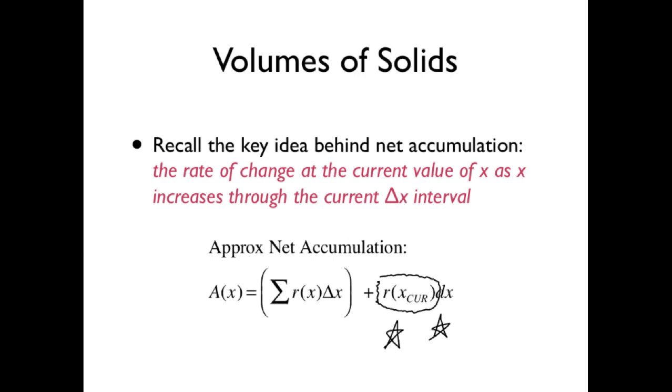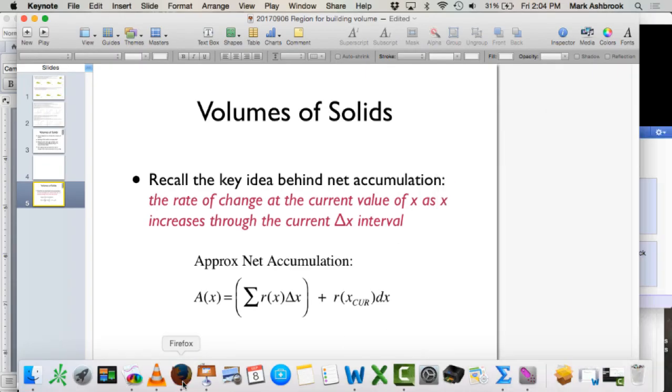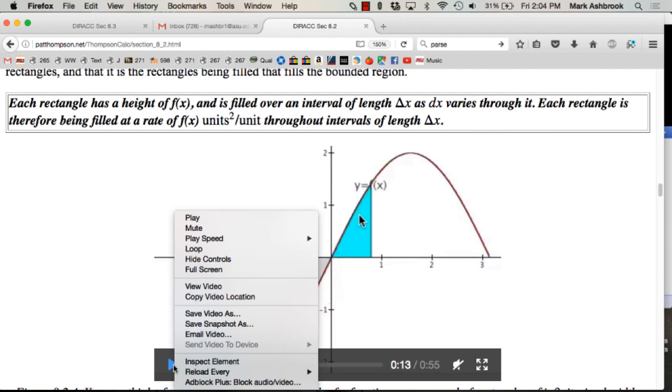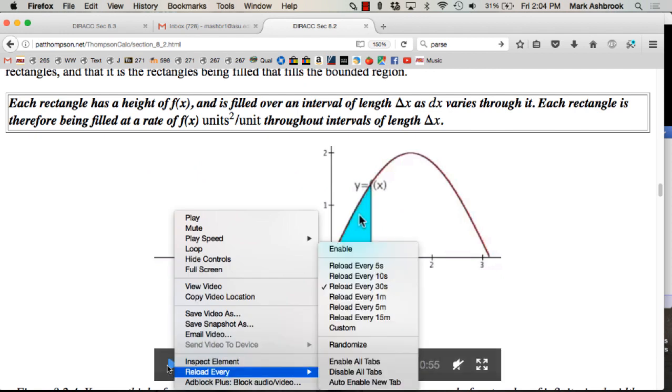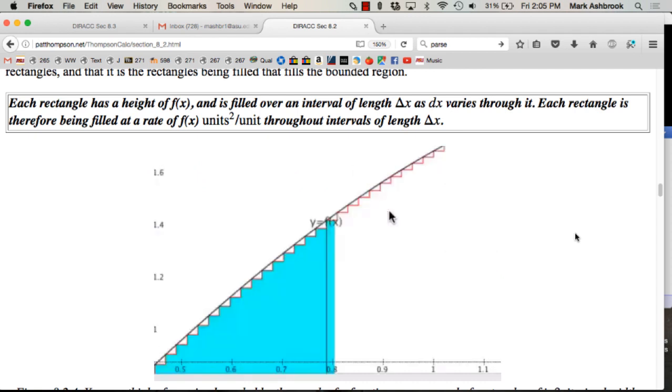Okay, and then we saw this with area as well. Remember this. We said we need to know the rate of change in order to accumulate signed area. And what was the rate of change that we wanted?